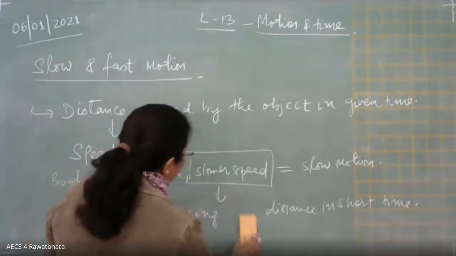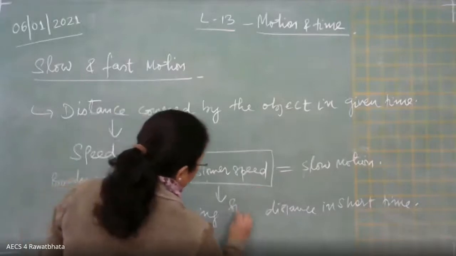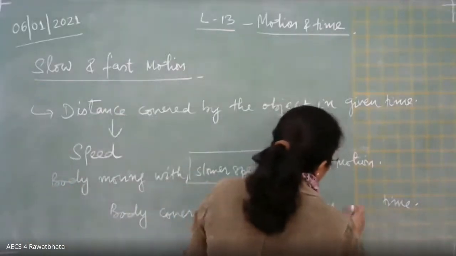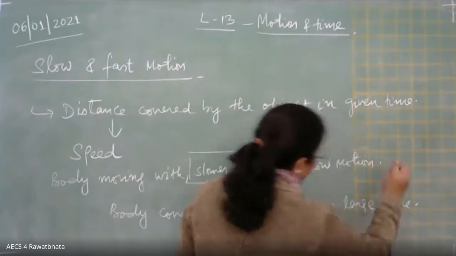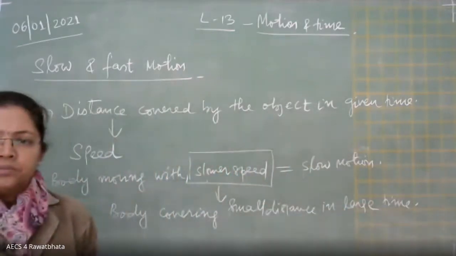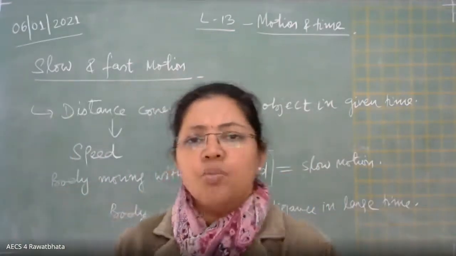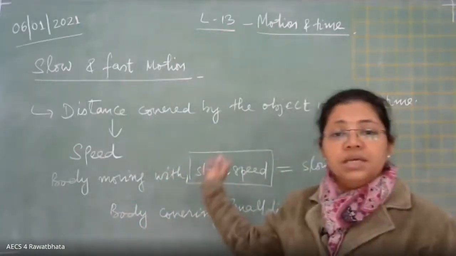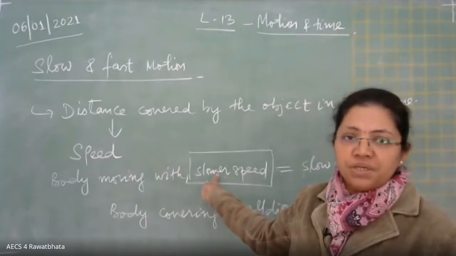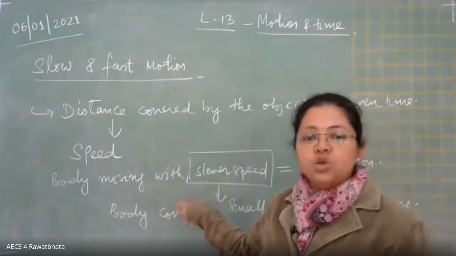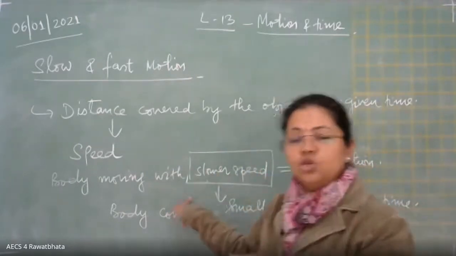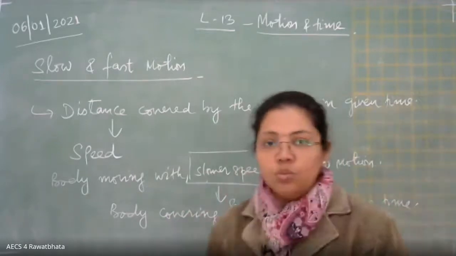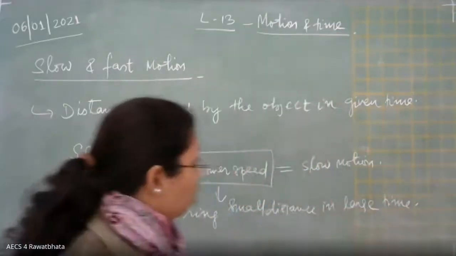When the body is covering a small distance in large time. बहुत सारे टाइम में जो बॉडी है वो छोटा सा डिस्टेंस कवर कर रही है. It means it is moving with a slower speed, and since it is moving with a slower speed, it will be said to move under slow motion.